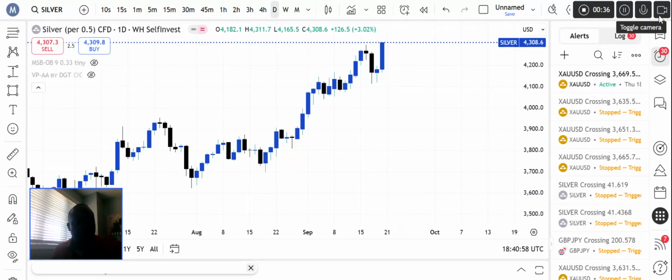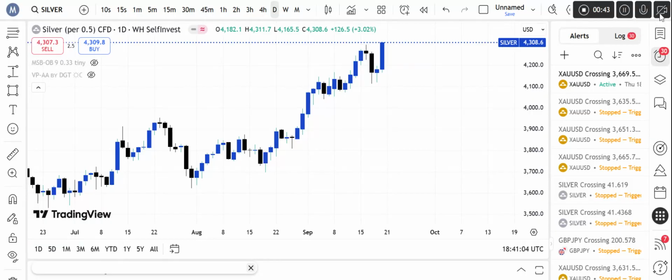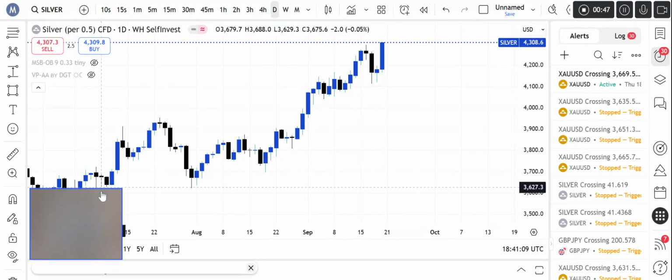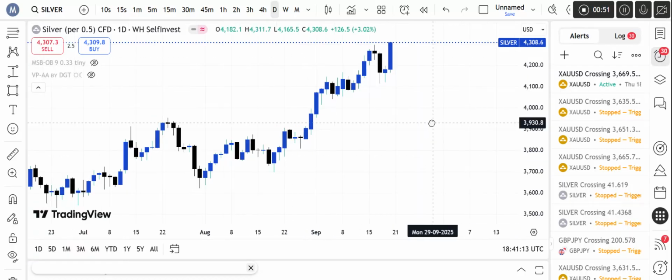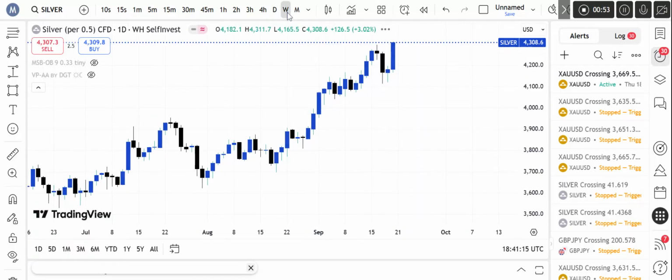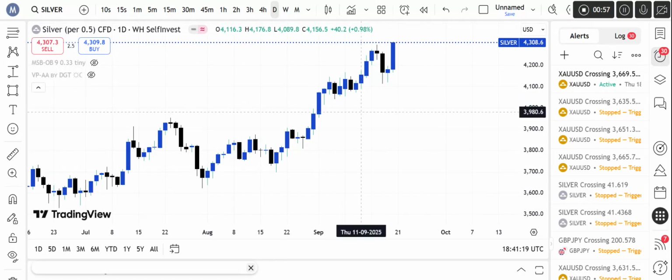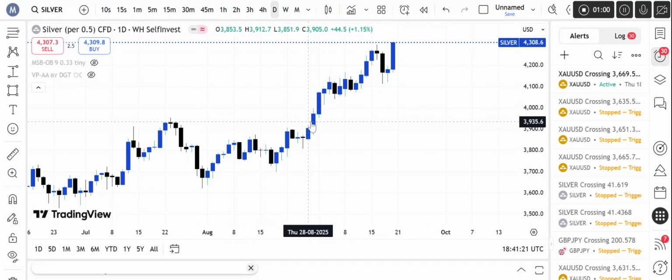Okay, so I'm going to quickly turn off my camera so that we can dive into the charts. So this is Silver. Silver and Gold are literally doing the same thing. I normally come to the daily or weekly time frame, but we know that Silver is bullish all the way, the same with Gold.